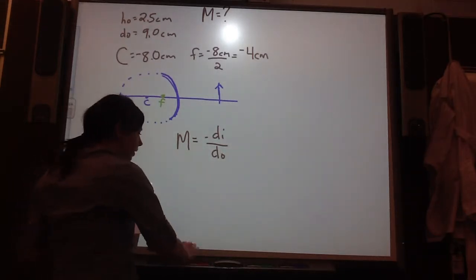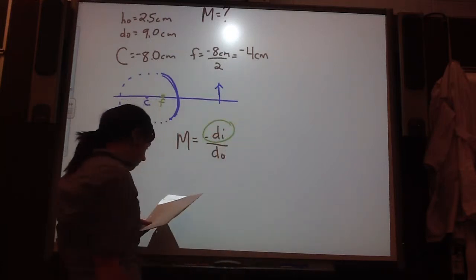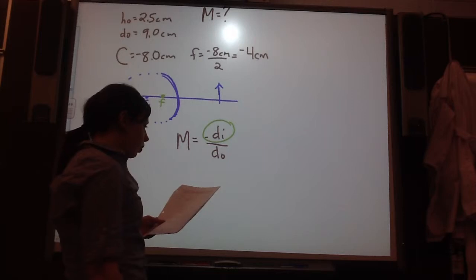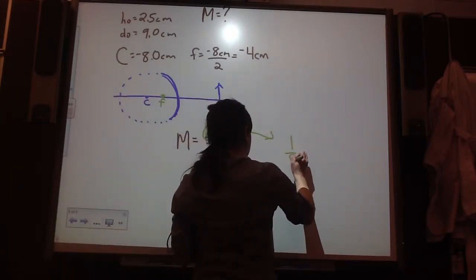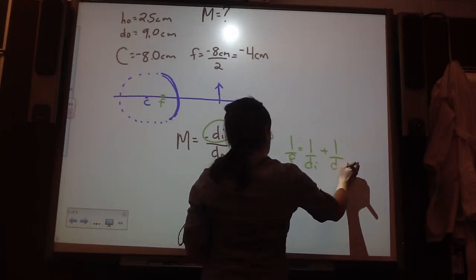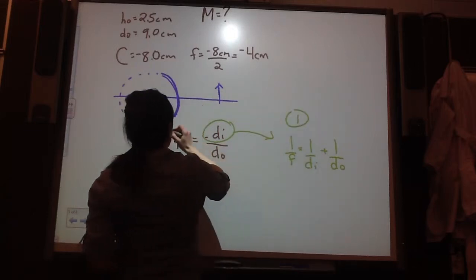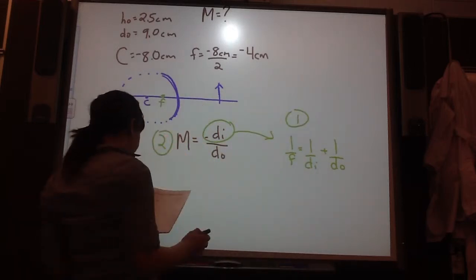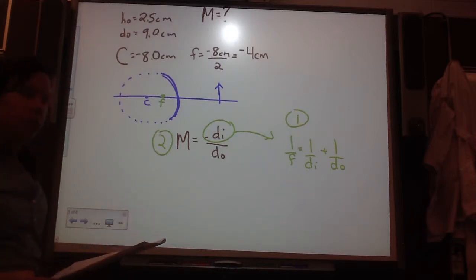So I'm given DO, but I don't have DI. So I'm going to find DI using 1 over F is equal to 1 over DI plus 1 over DO. So this will be my first step, and then this will be my second step. So we don't actually use the height at all in this question.